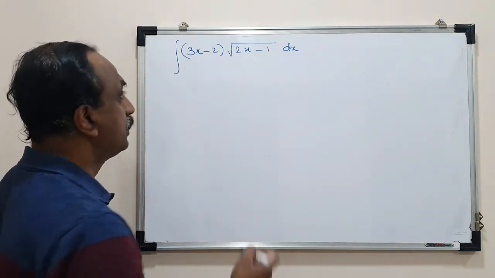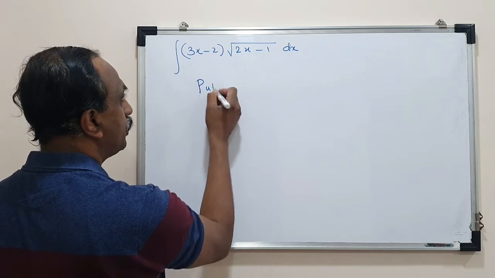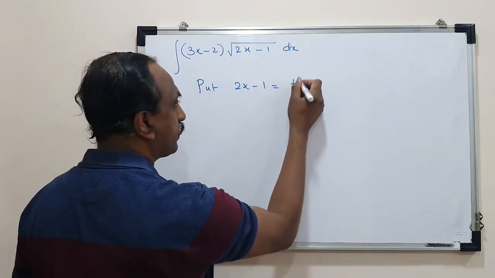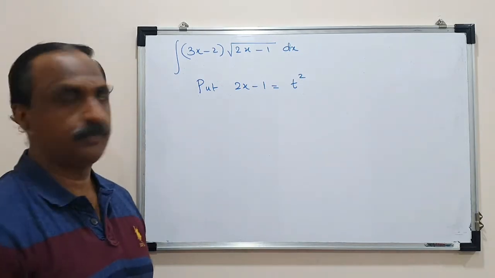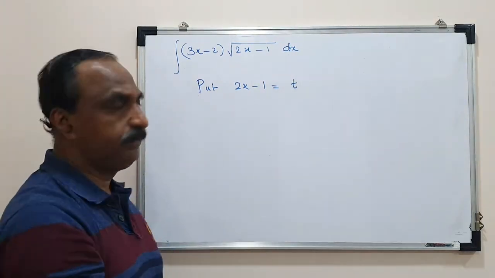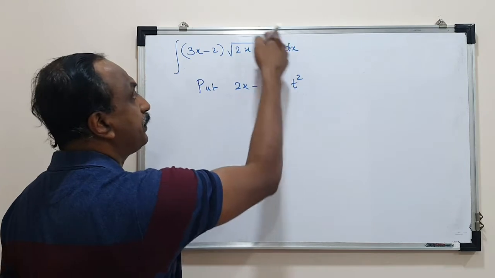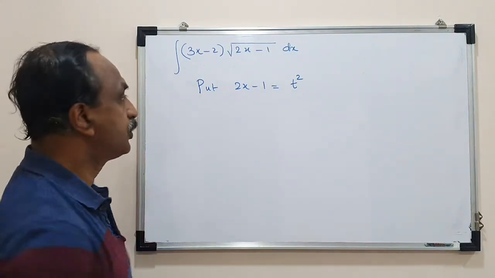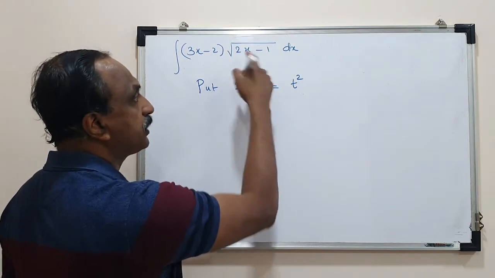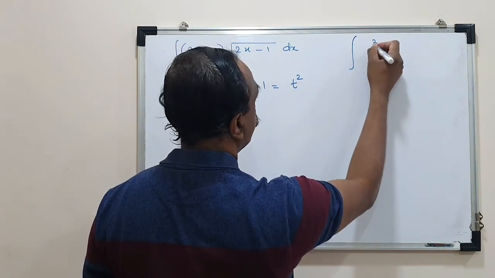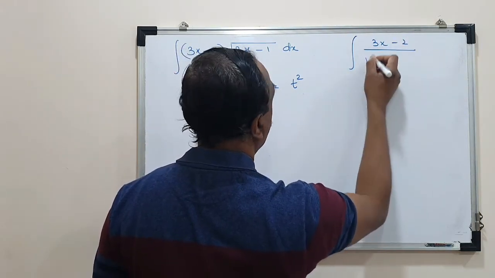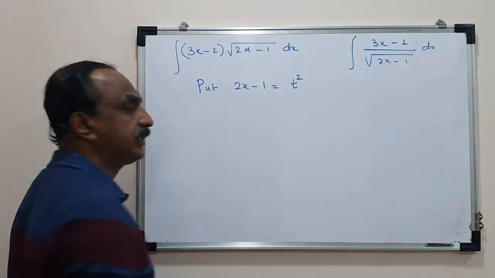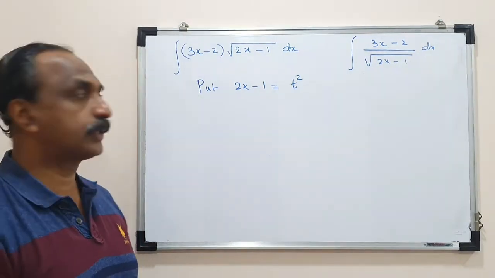What I'm going to do is put 2x minus 1 as t square for my convenience. I can also put it as t and do the problem, but t square will make this term an integer, so integration will be a little easier. So in some problems of this kind, it is probably better to put t square so that integration becomes much easier to calculate.